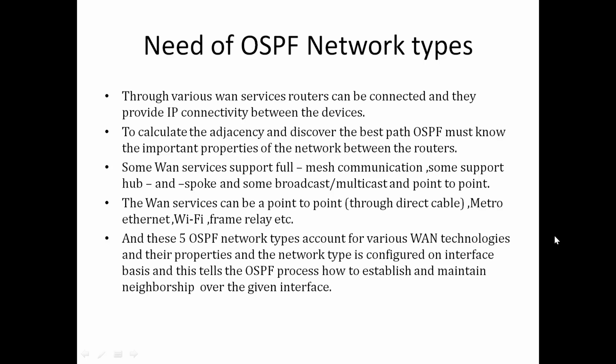There are different WAN services, which can be point-to-point through direct cable, Metro Ethernet, Wi-Fi, frame relay, etc. And these 5 OSPF network types account for various WAN technologies and their properties, and the network type is configured on an interface basis. This tells the OSPF process how to establish and maintain neighborship over the given interface.